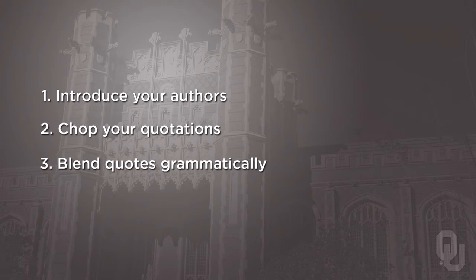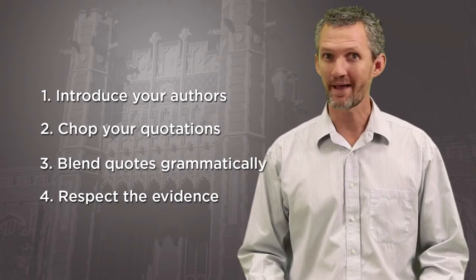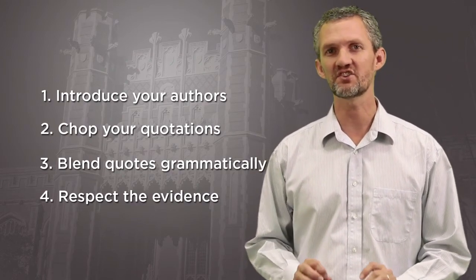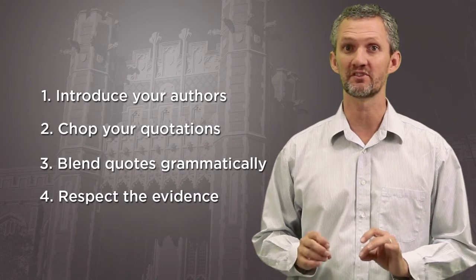Don't hesitate to use paraphrasing, ellipses, or brackets to help you smooth the connection between the original text and your own writing. And finally, number four, respect the evidence. Don't significantly alter the original meaning. You can cut repetitive or parenthetical words, but be sure you're not changing the gist of what the author intended to argue.